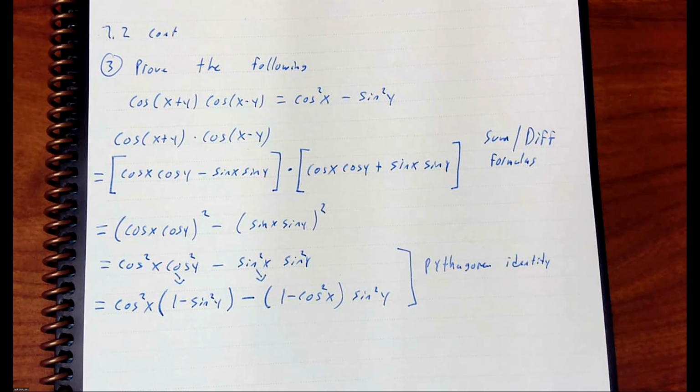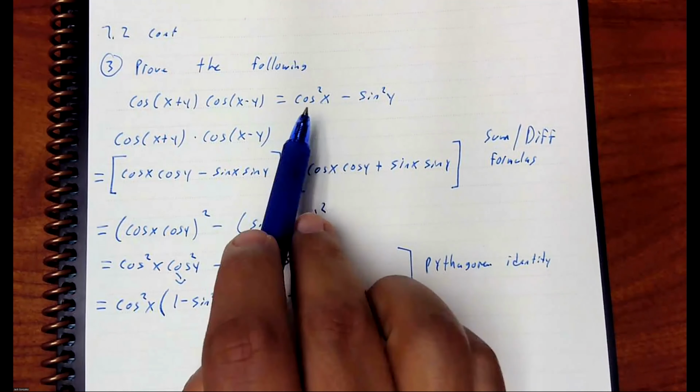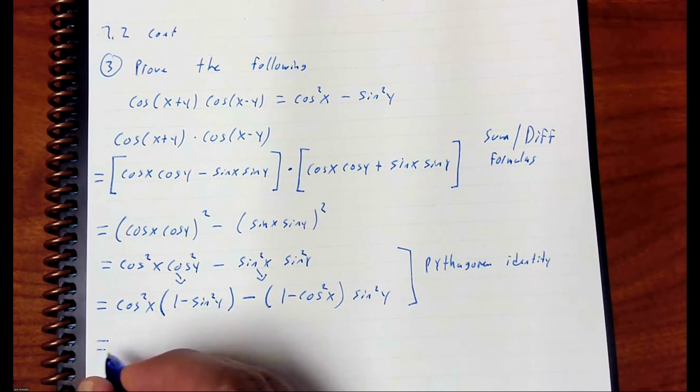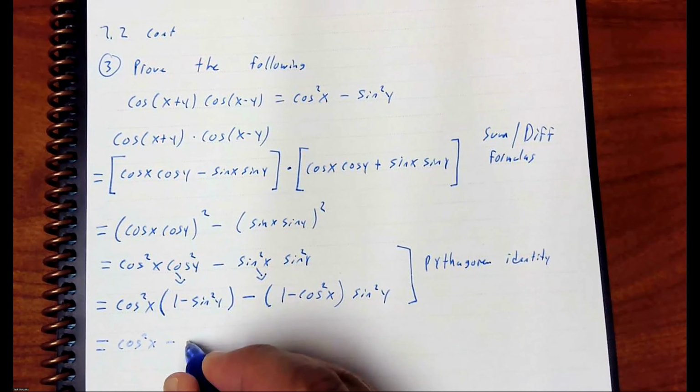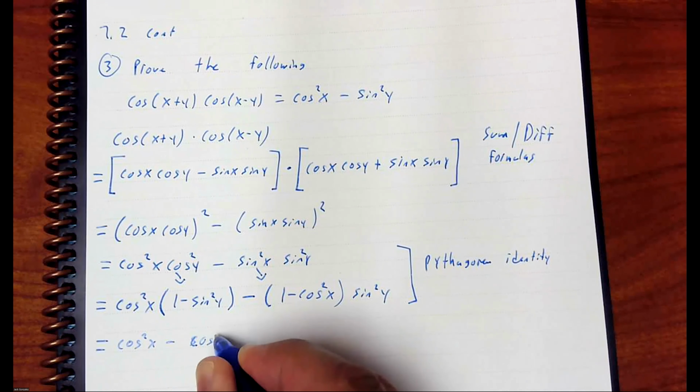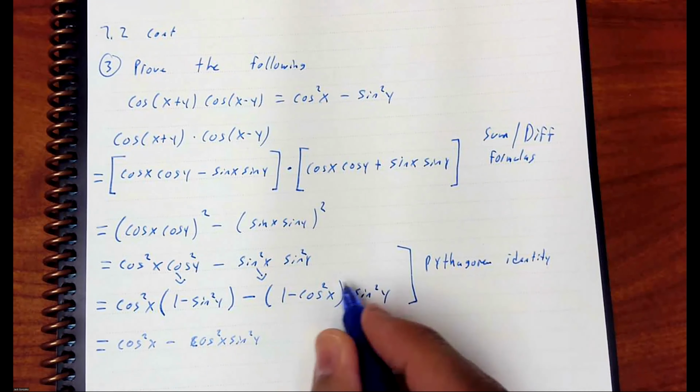At this point, distribute, then hope something cancels. I'm hoping we just end up with these two. So distribute your cosine, you end up with this minus this guy. Distribute this.